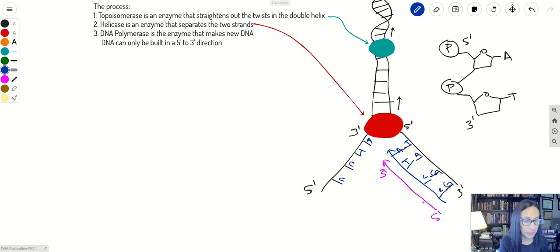And this new strand of DNA has one half of it being new, built by DNA polymerase, and one half of it being old, which is the original parent strand. Okay, so there's an old side and a new side.